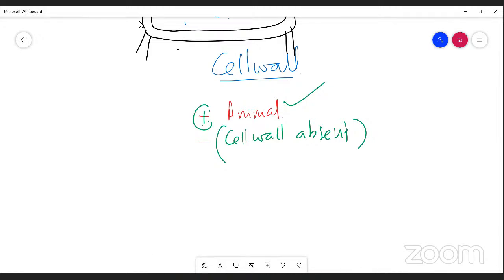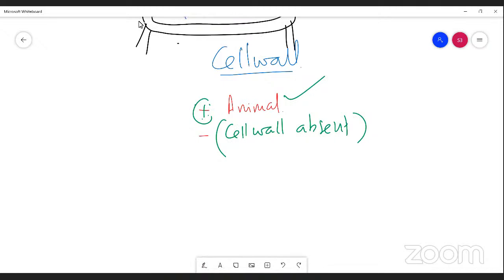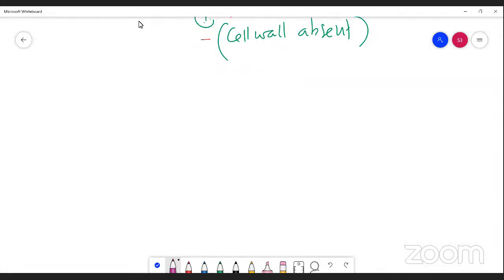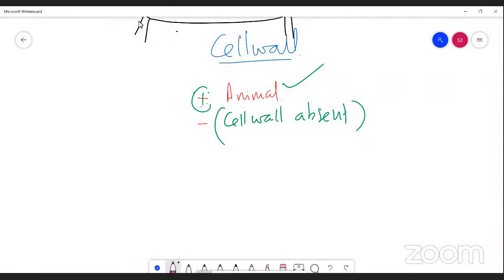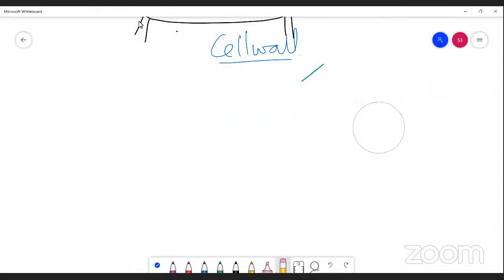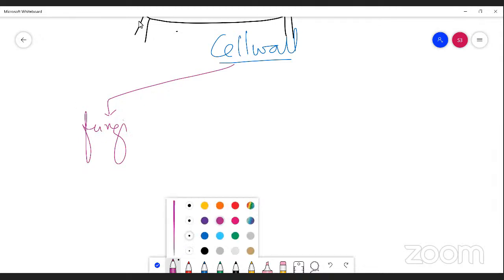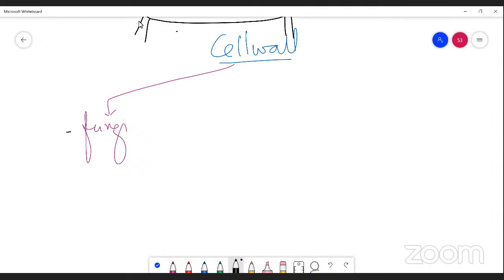But next we must do the cell wall of fungi. Yes, student, I'm talking about the cell wall of various organisms. Here I said cell wall is totally absent in animals, whereas fungi are lower forms of the plant kingdom, right? In fungi, cell wall is made up of chitin.